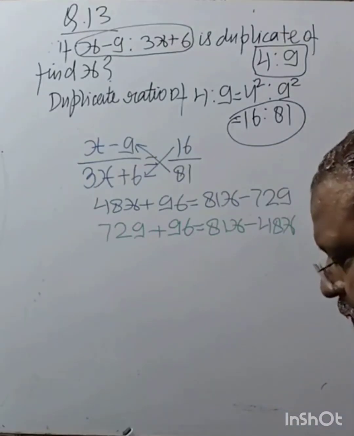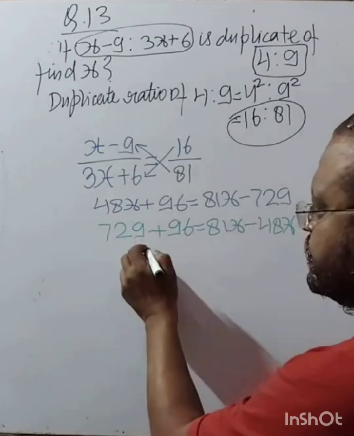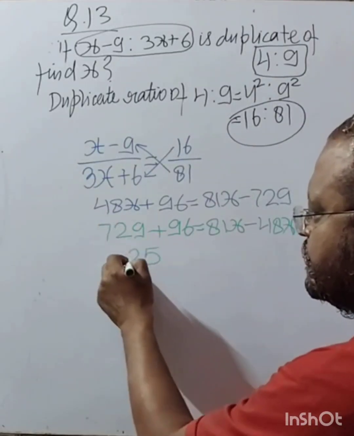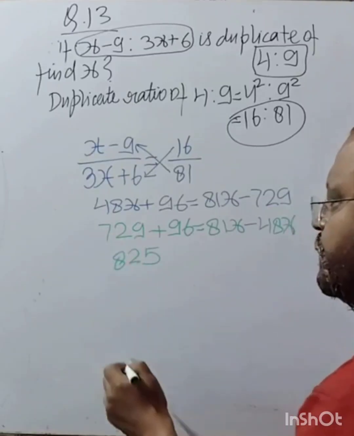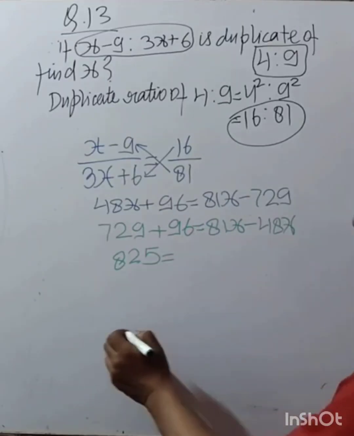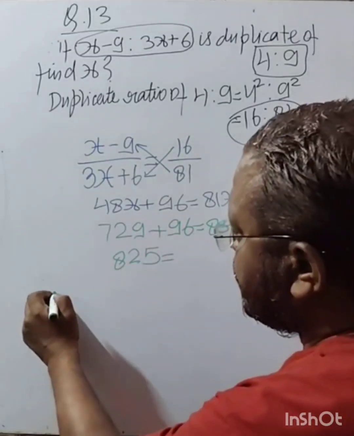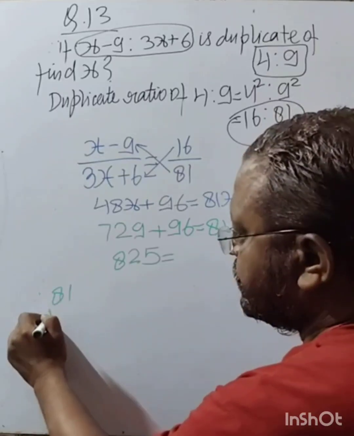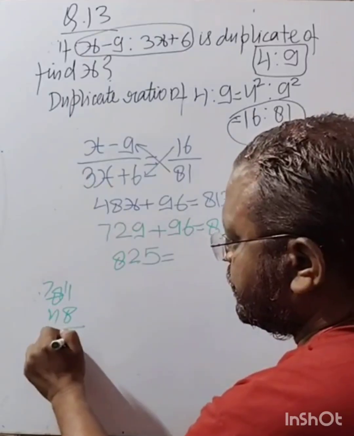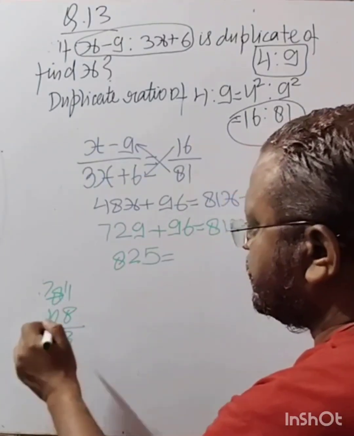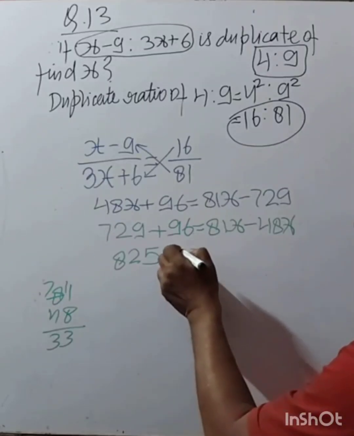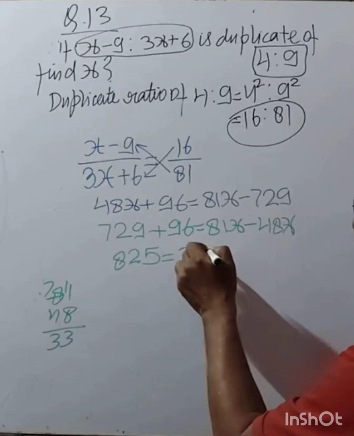Yes. So it is 825 is equal to how much? So 81 subtracted from 48 becomes 33. Is it? 33x.